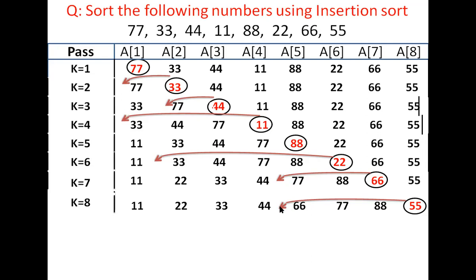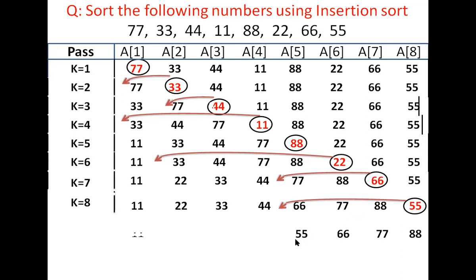Now create space for 55. For this, move 88 to A of 8 position, 77 to A of 7 position, and 66 to A of 6 position. Then you can copy 55 into A of 5 position.